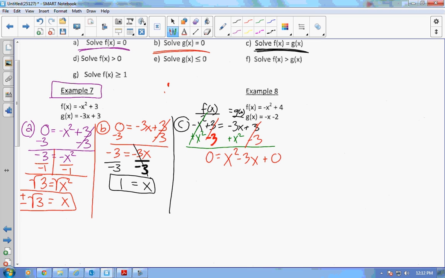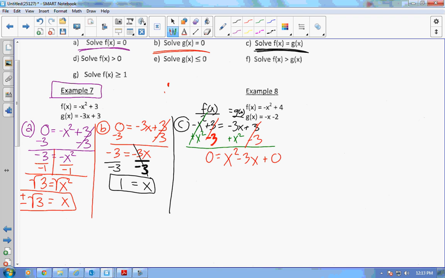So plus 0. How do we solve quadratics? With quadratics, we can use the quadratic formula. Sure, we can do that. We also have, the easier method is factoring. If factoring works, that's easier. Factoring doesn't always work, but if it does, that's easier. Factoring works when our x-intercepts are integers.